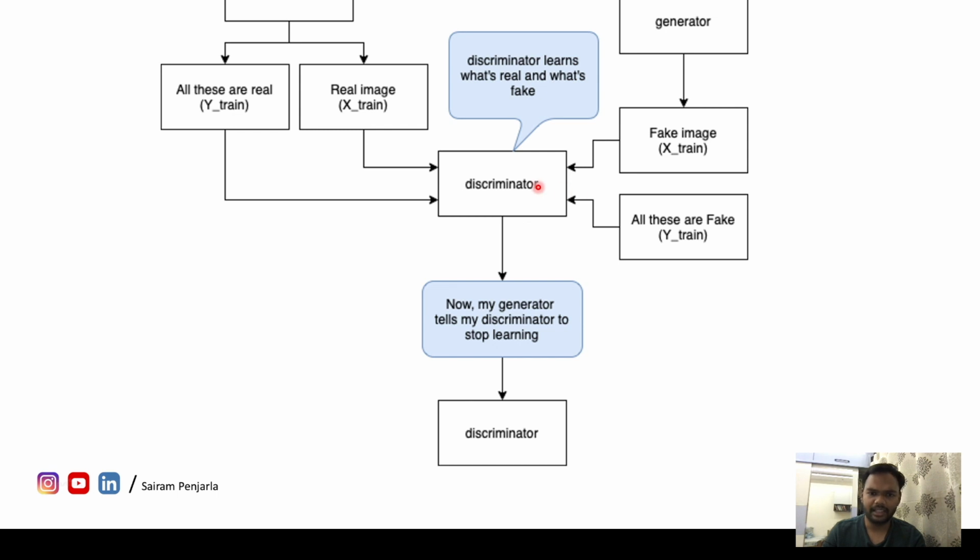So it's going to tell my discriminator, hey, since you've already learned a thing or two, stop learning, and I'm going to send you one image and you need to classify whether that's real or fake. So my discriminator is going to stop its learning, and take an input image and classify whether that's real or fake.